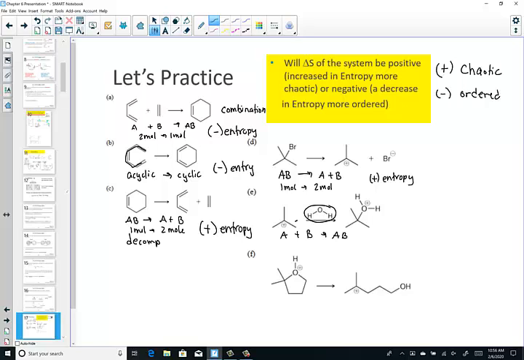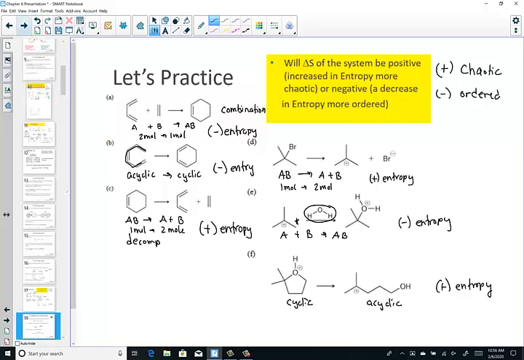Even though it's just sitting on the arrow, it's still part of the reaction. So this is becoming more ordered, so this is a negative entropy. And then finally, here we just take a cyclic compound and turn it into an acyclic compound, which tells me that's more disorganized, so that's a positive entropy.